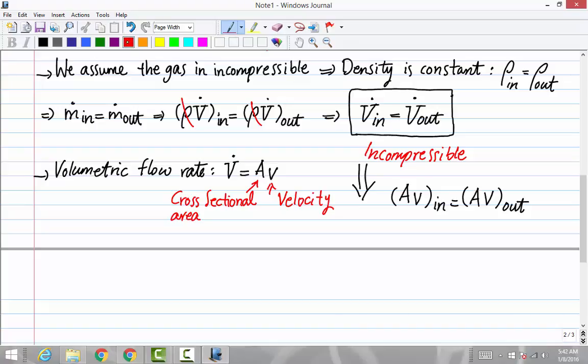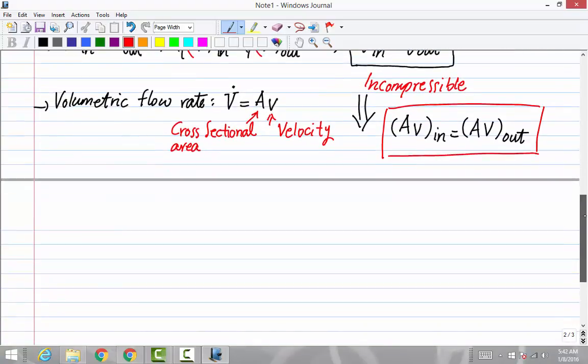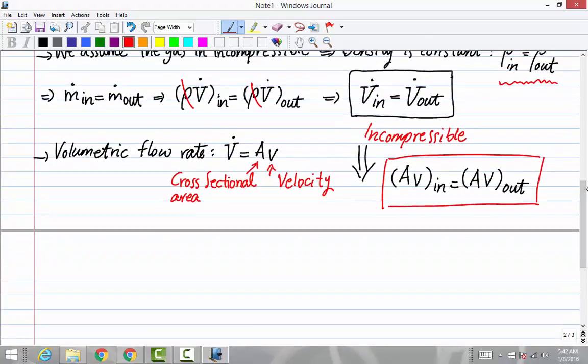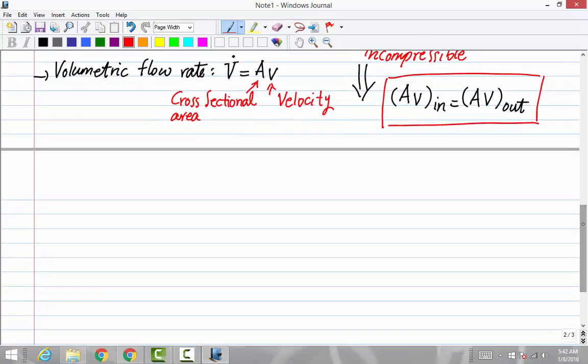And please, please, please keep in mind that this equation was derived assuming that density remains constant in the system. So if the gas is incompressible, it's not possible to compress the fluid, the liquid, then we can assume that density remains constant so that we can cancel out density from both sides and end up with AV in equals AV out.